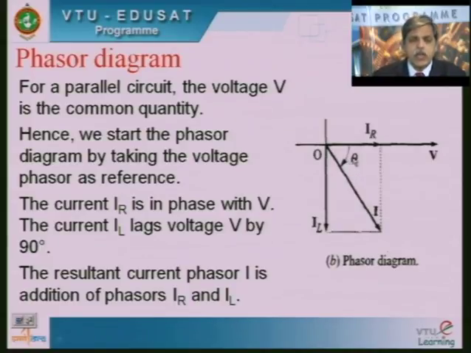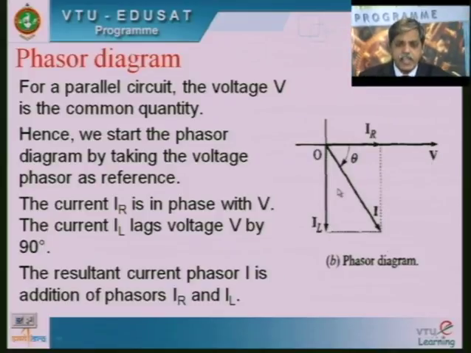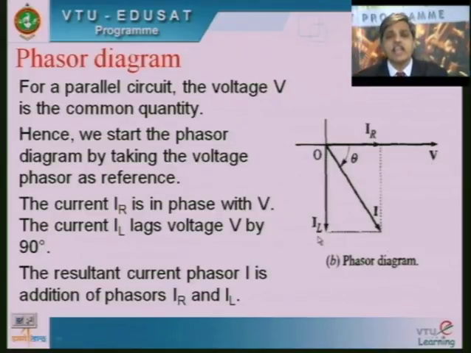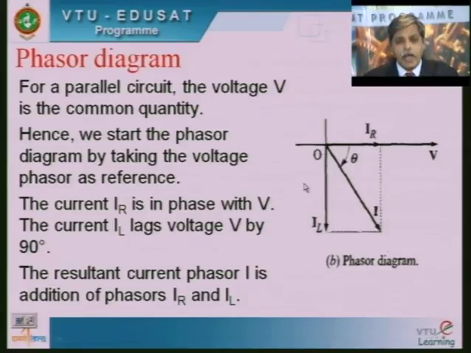It is very simple to analyze. To find the current IR, I divide the voltage by the resistance value. To find the current IL, I divide the voltage by the inductive reactance value. Because the inductive current lags behind the voltage by 90 degrees, I write IL equal to the magnitude IL at an angle of minus 90 degrees.